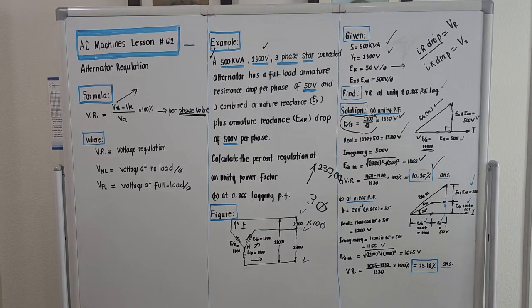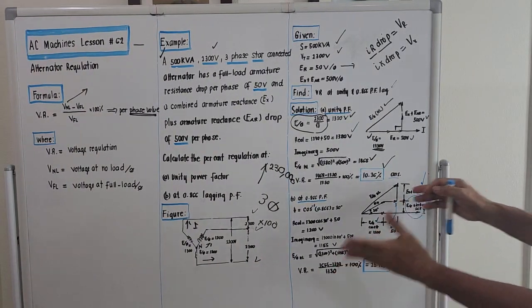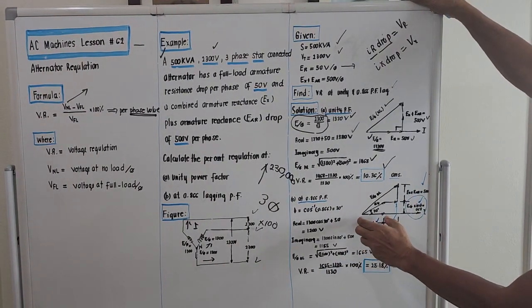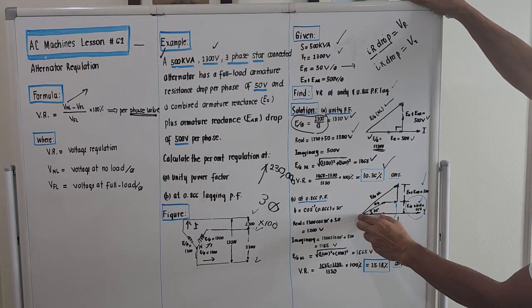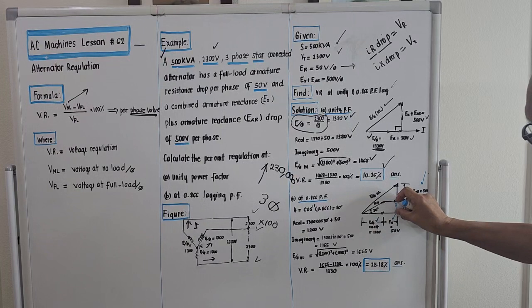So if you try to see it, there is an added component over here for the voltage drop due to the reactance, if the power factor is lagging, right? That's why the phasor diagram is bigger. This portion here is voltage per phase cosine of theta. This portion here is voltage per phase sine of theta.